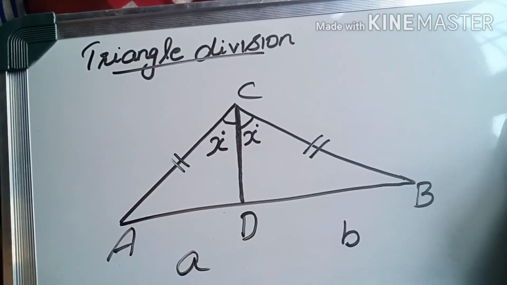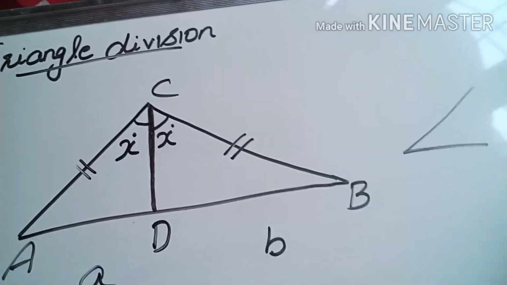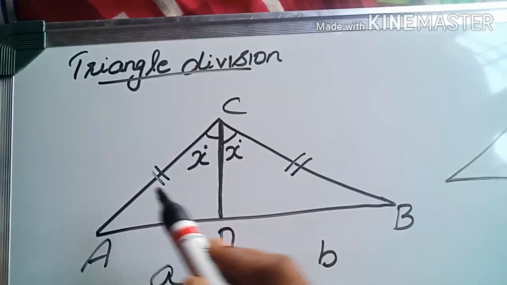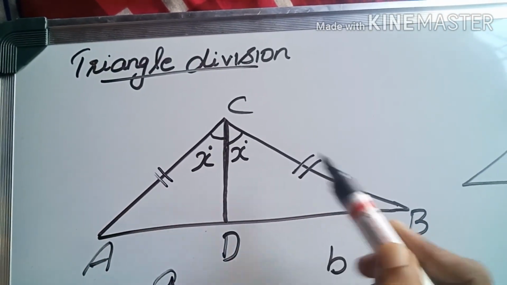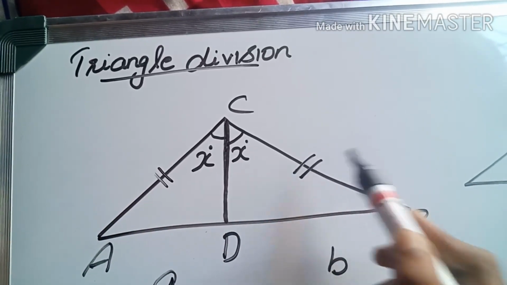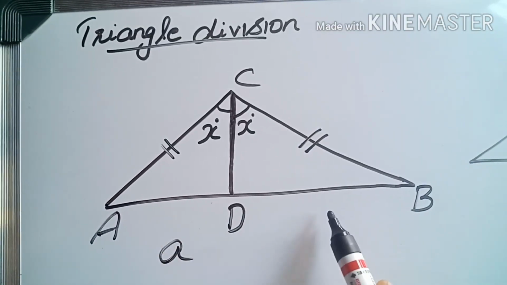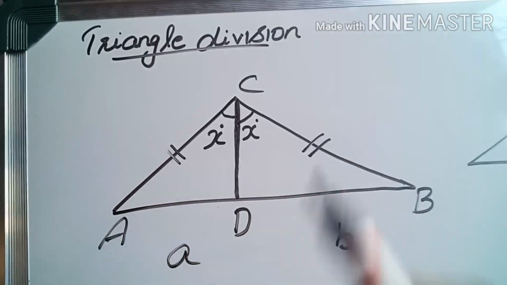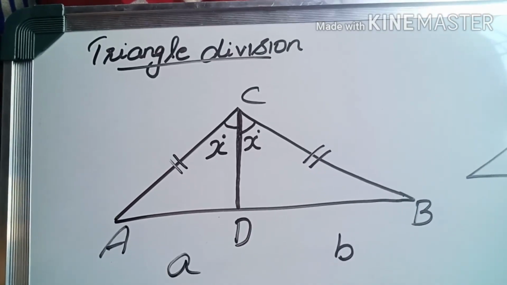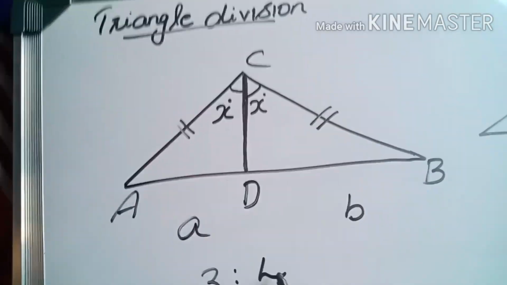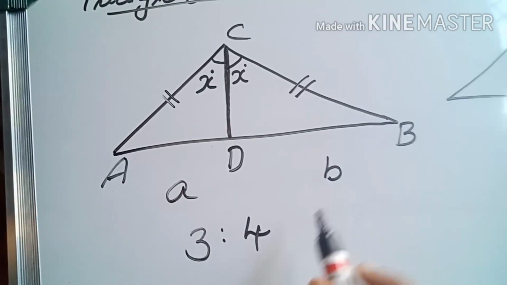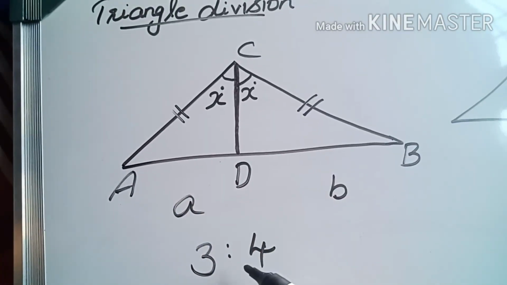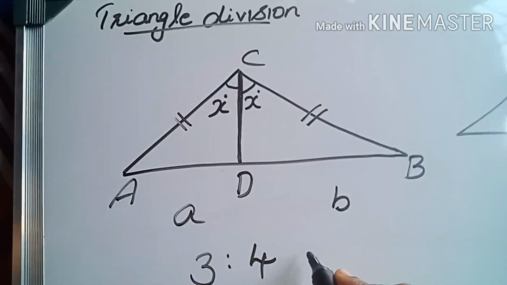Okay, angle means just like this. So here these two are the sides. So these two sides ratio and these two sides ratio will be same. Base ratio and sides ratio will be same. Suppose if base ratio is 3 is to 4, the same will be for the sides also.